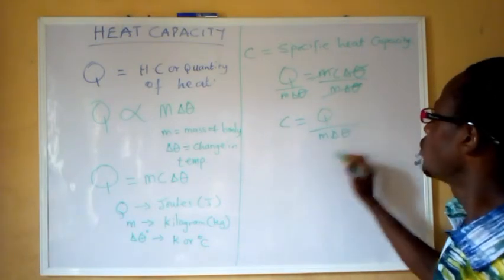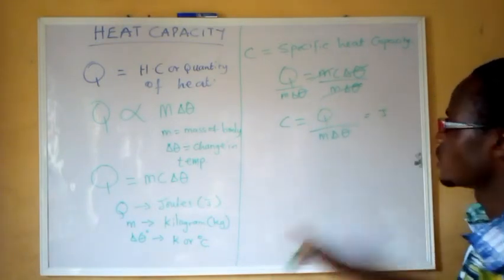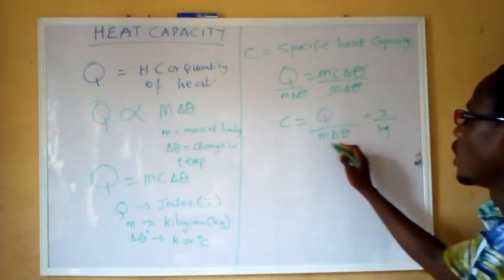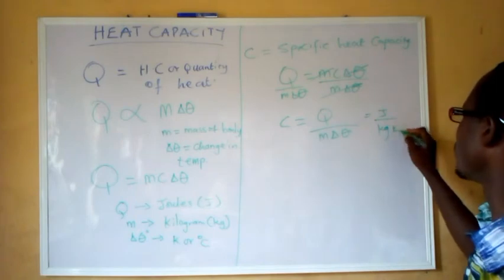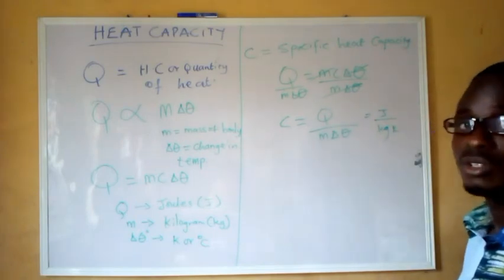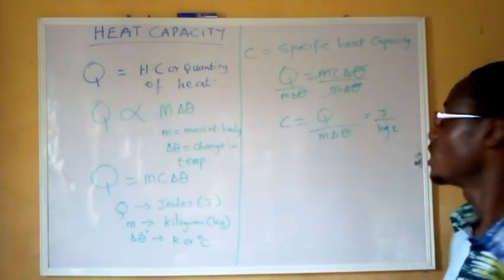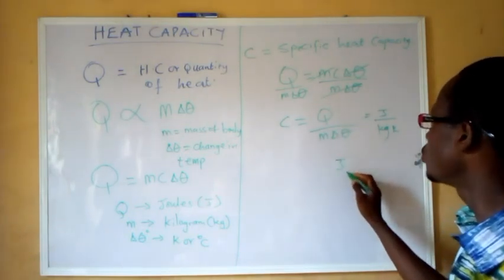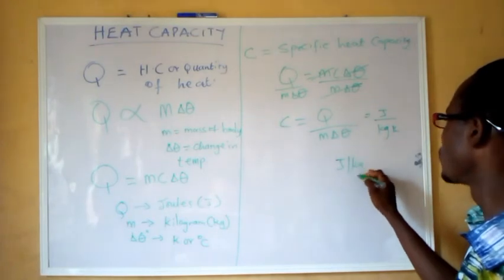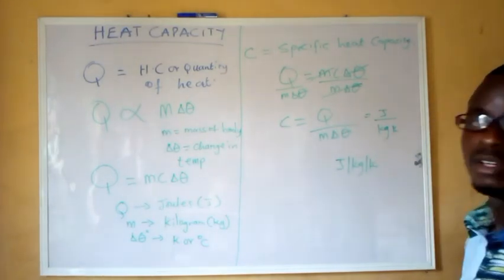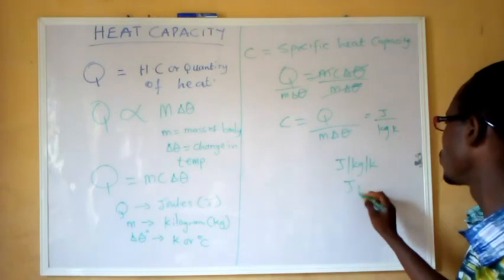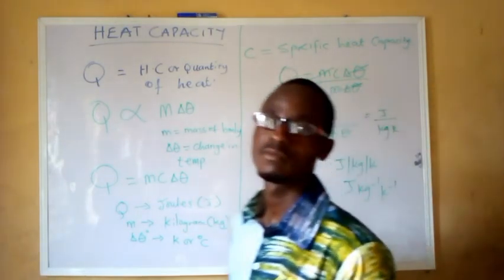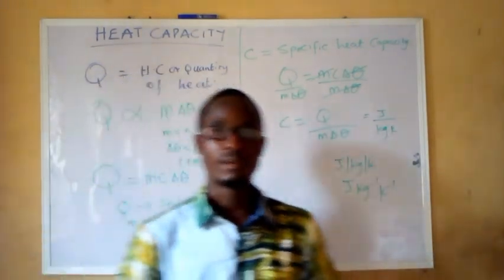Quantity of heat is measured in joules, mass is measured in kilogram, and change in temperature is measured in Kelvin or Celsius. But let's use Kelvin as the SI unit. So the unit for specific heat capacity is joules per kilogram per Kelvin.